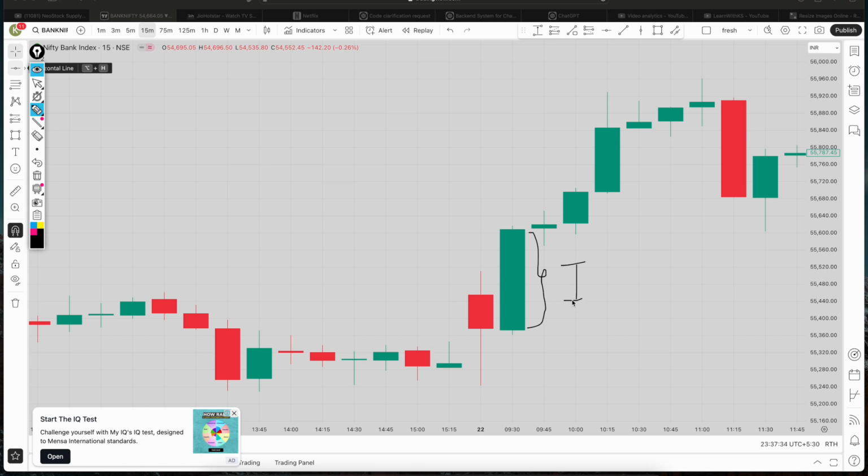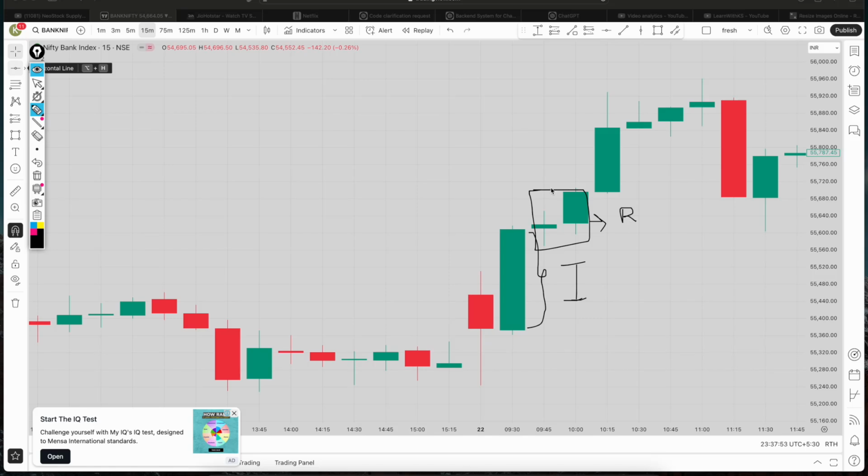Let's denote it by I. And all the other candles which are smaller in size, these two are the small candles. These are the candles formed by retail traders who do not have a portfolio of, let's say, 100 crores or 200 crores or thousands of crores.